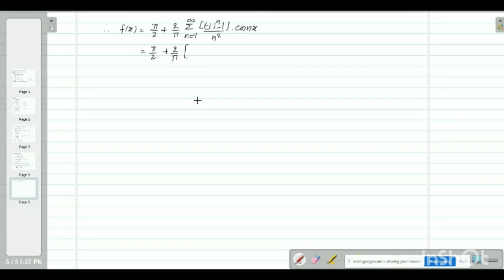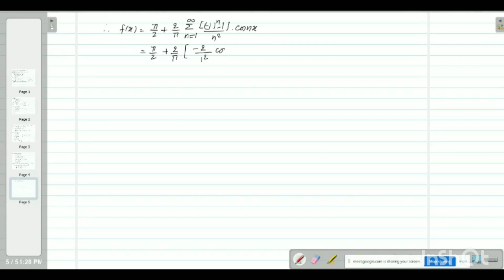So pi by 2, this is equal to pi by 2 plus 2 by pi. Okay, so this function survives only for which case? Only for the odd case. Okay, here if n equal to 1, so minus 1 raised to 1, that is minus 1 and minus 1, that is minus 2 times cos x, divided by 1 square.